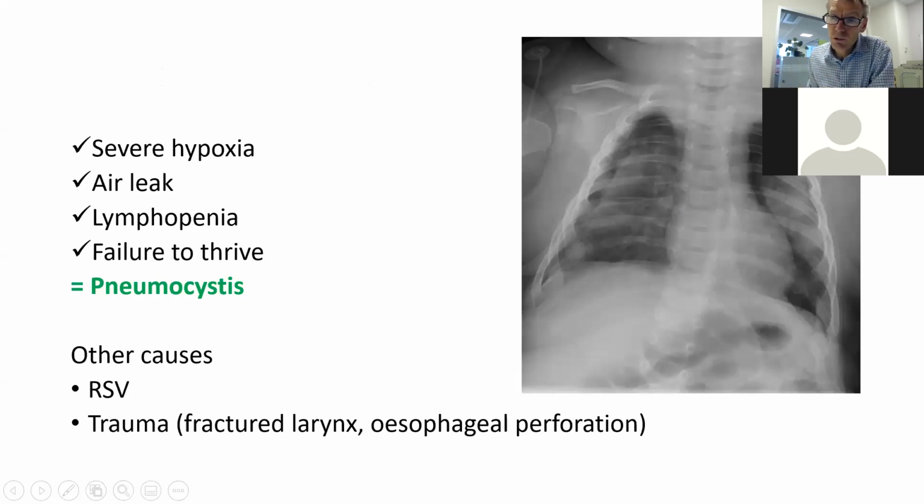What can you see on this child in this one? What's different? Just a pneumothorax? Yes, that's right. This baby has a pneumothorax. And which side is the pneumothorax, Benji?